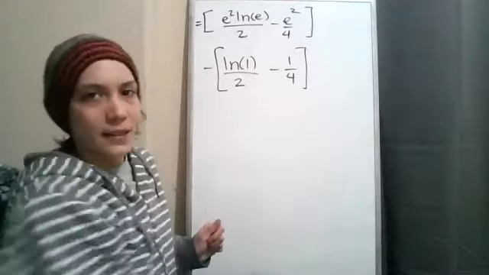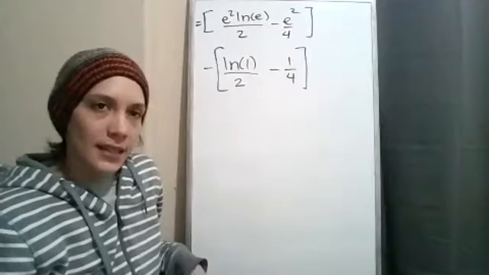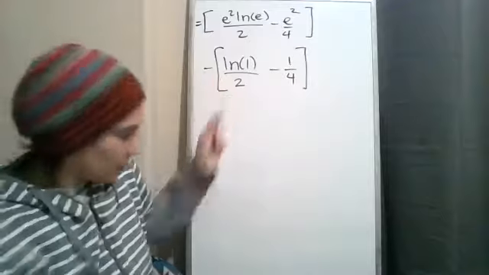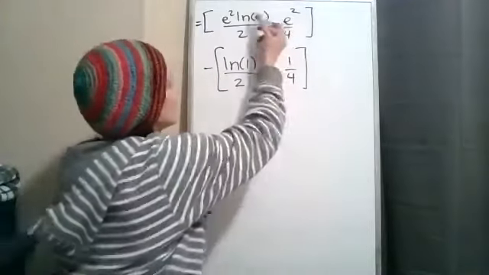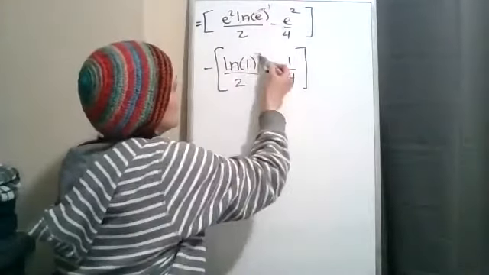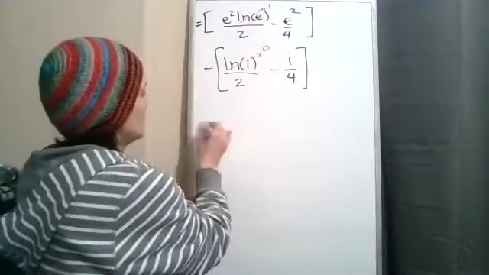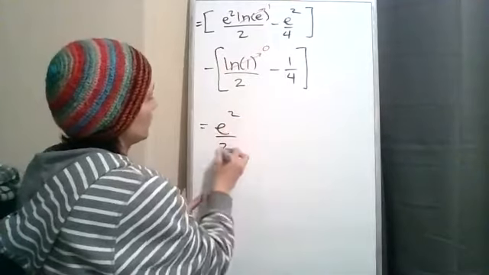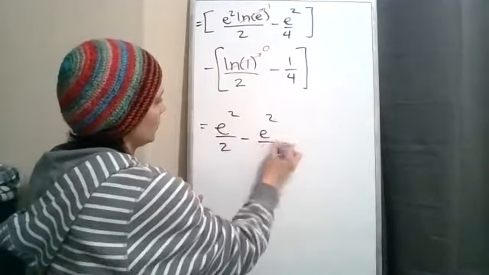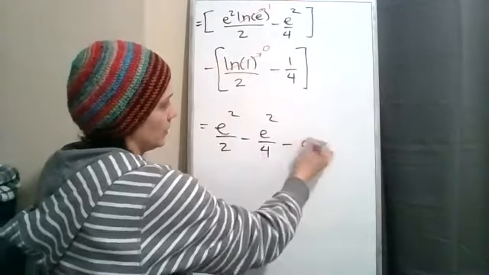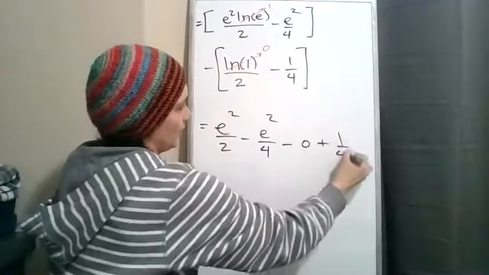Cool. ln of e is going to be 1, and ln of 1 is equal to 0. e squared over 2, subtract e squared over 4, subtract 0, add 1/4.